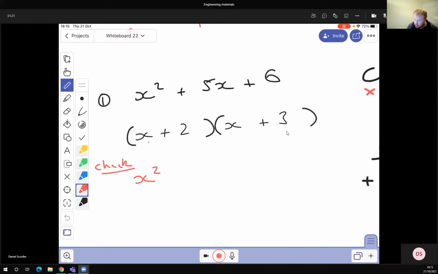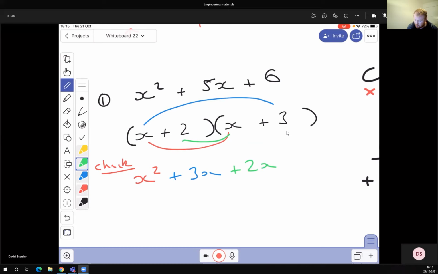Okay, so if we do that, you don't need to do this step, but just to check, you've got x squared coming from there. Your outside terms, x and 3, +3x. Your inside terms, your 2 and your x, +2x.